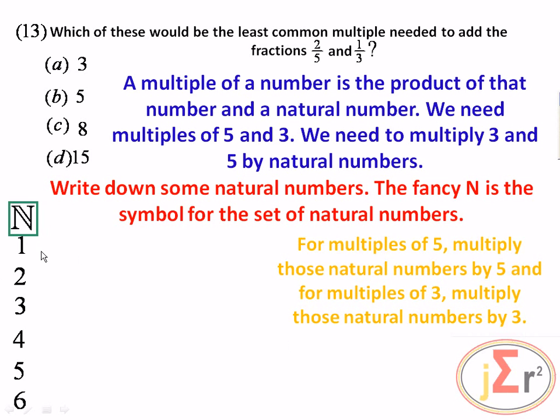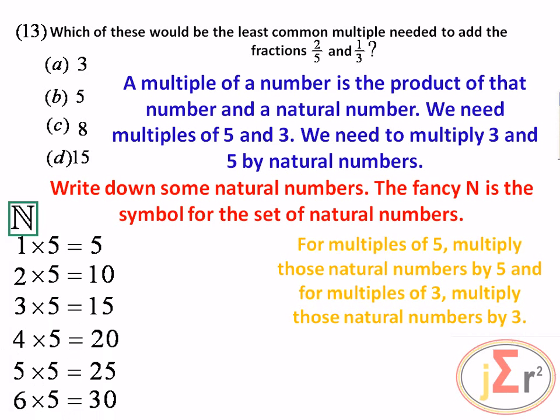We will have the multiples of 5 here because we are multiplying these numbers by 5. So we'll have what? 5, 10, 15, 20, 25, 30, 35. All right, Jerry. We'll not go that far. So those are 5, 10, 15, 20, 25, and 30.